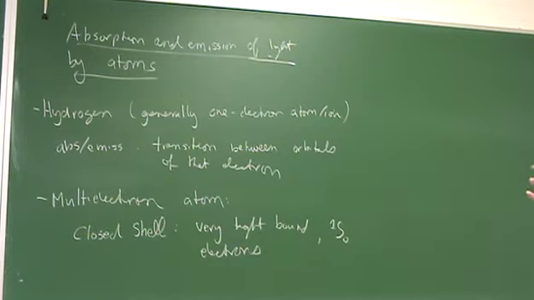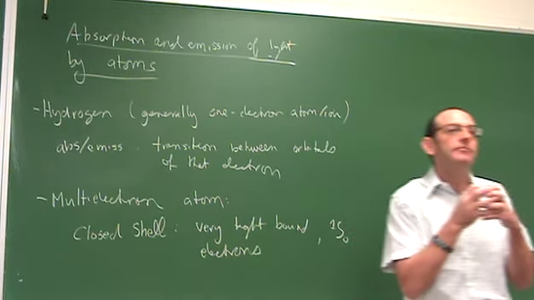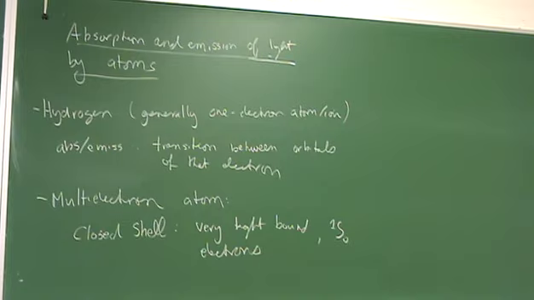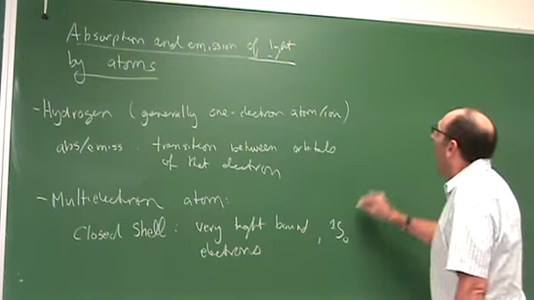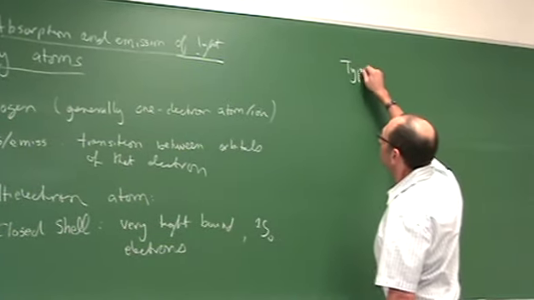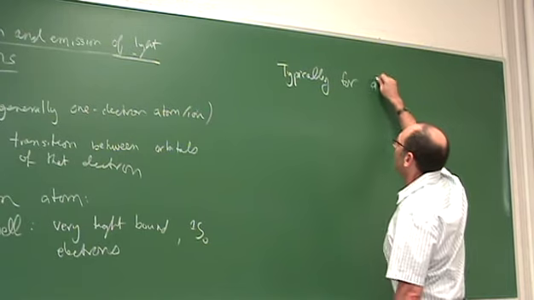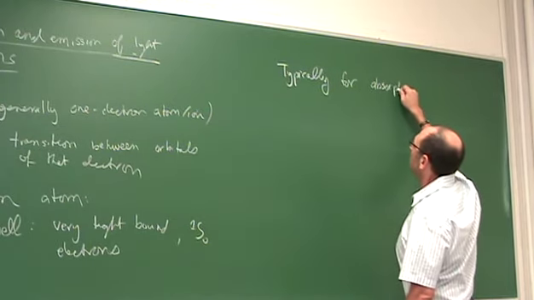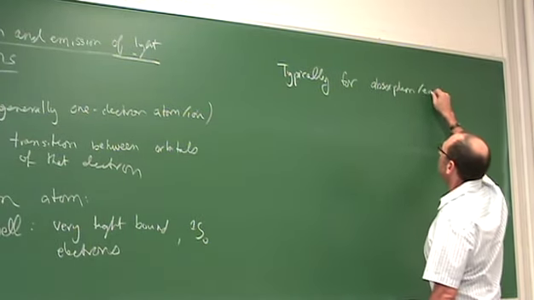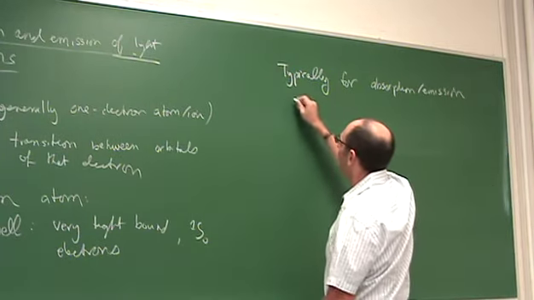So I can think about those electrons as essentially inert. And for absorption and emission, one divides the electrons into two classes.